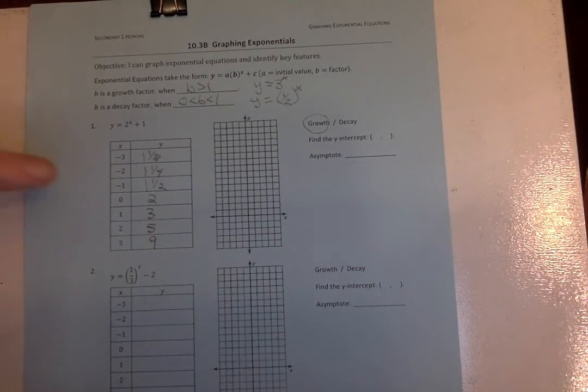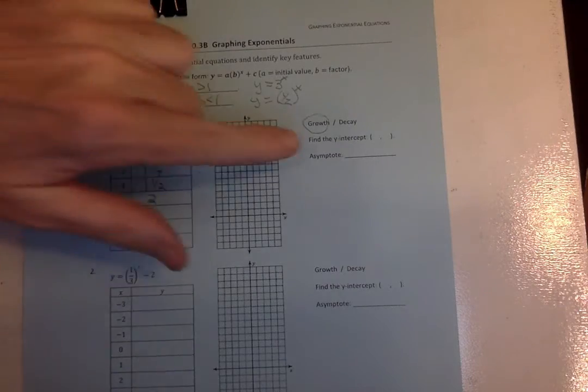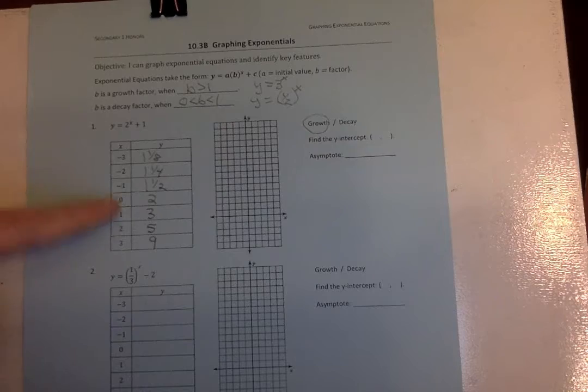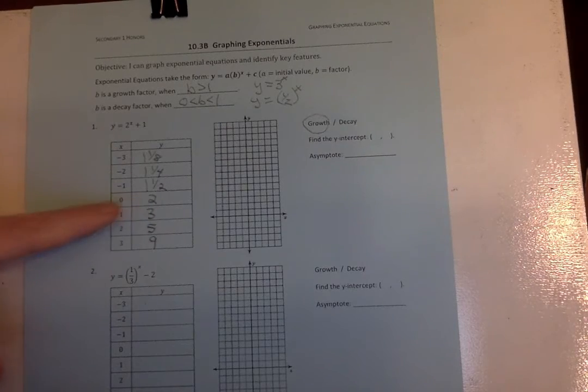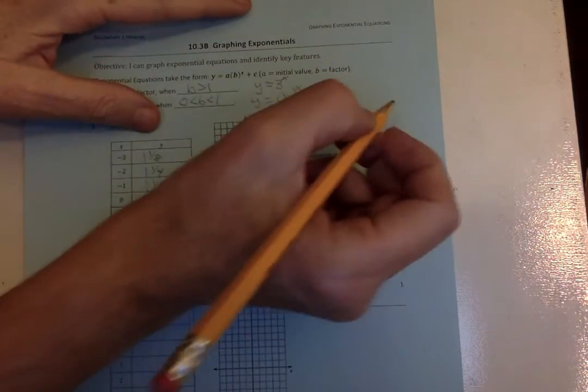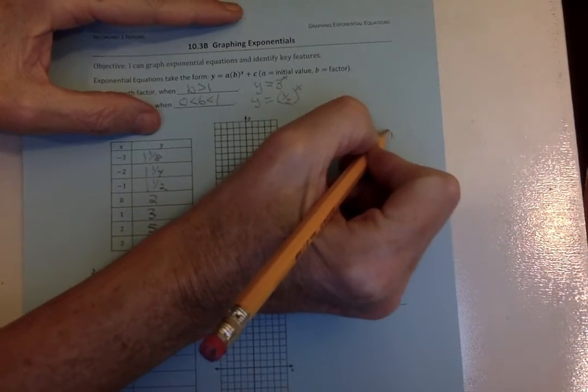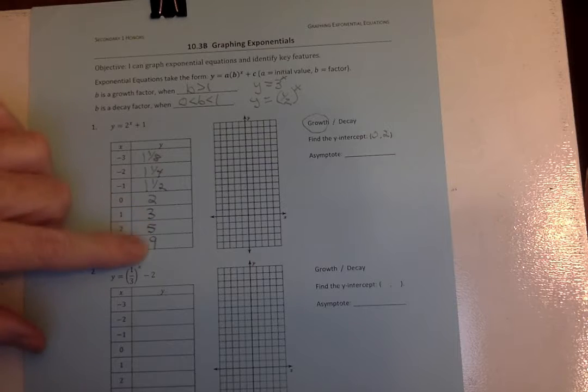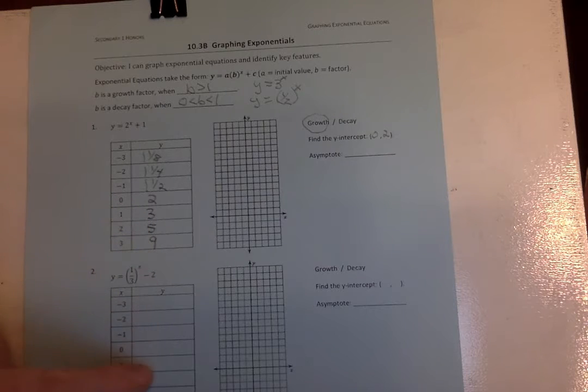Okay, and if I wanted to, I could find my y-intercept even without graphing it by saying, where is x 0? It's at 0, 2, so we could put 0, 2. Next, we could also ask, where would the asymptote be? If I go higher, these numbers are just going to keep getting bigger and bigger.